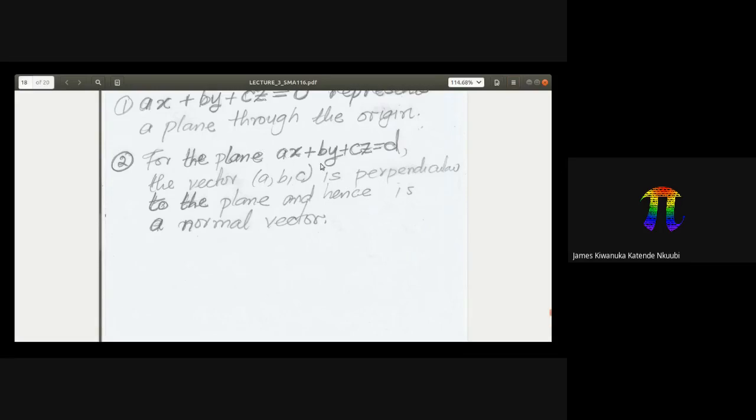These coefficients a, b, and c of x, y, z will give you a vector that is normal to the plane. So that gives you a hint again. If you're looking for the normal to the plane, you just need this vector whose x component is a, y component is b, and the z component is c. That will automatically give you a vector that is normal to the plane, as long as you have the equation of a plane.